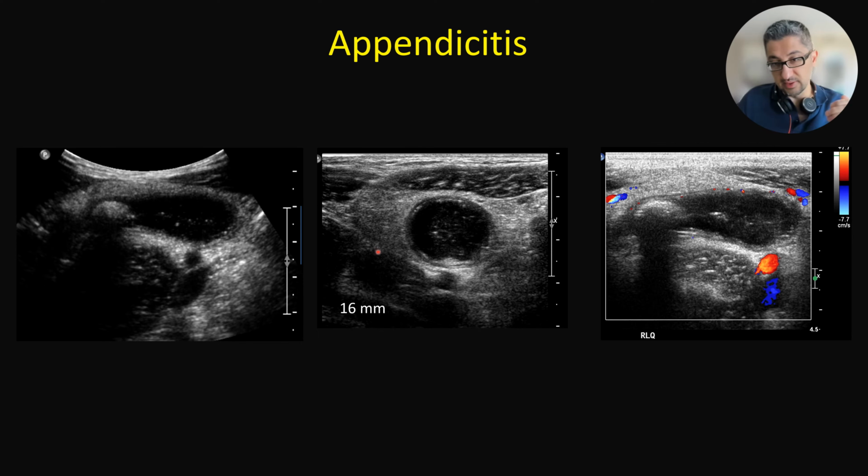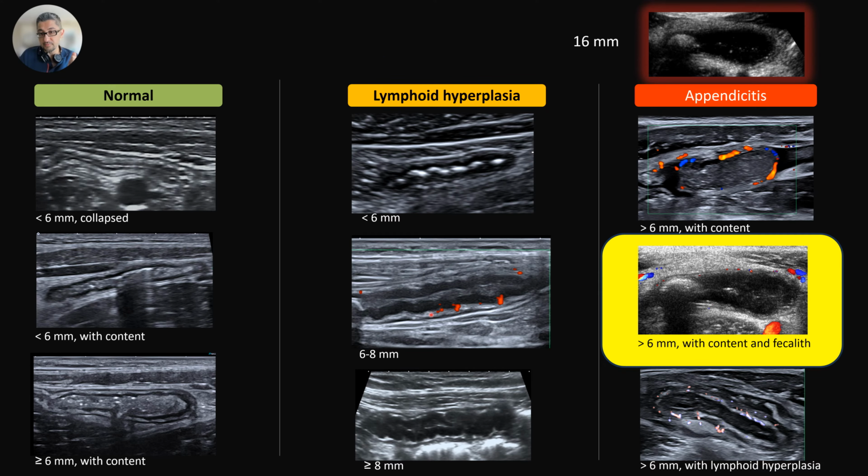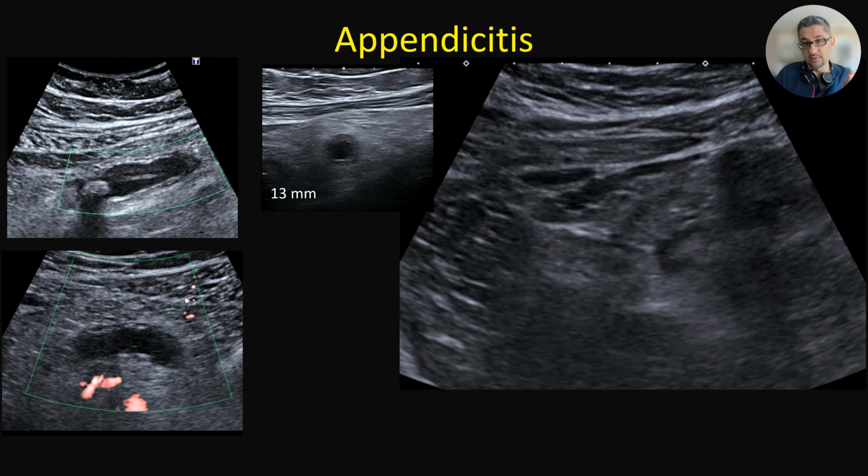And in this case, there is increased echogenic fat around the appendix, and the lumen is measuring 16 millimeters, very, very distended. Falling into this category: appendicitis over 6 millimeters and filled with content.